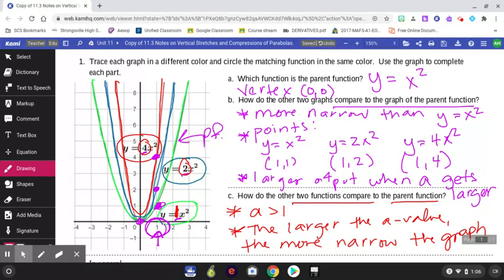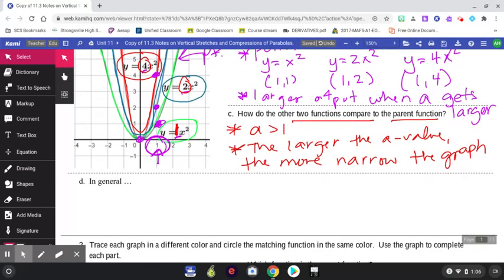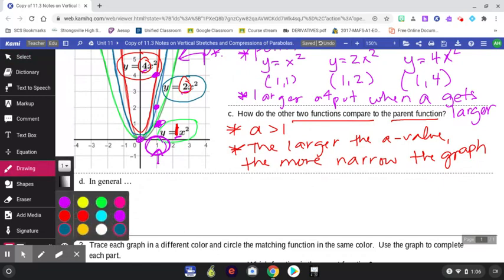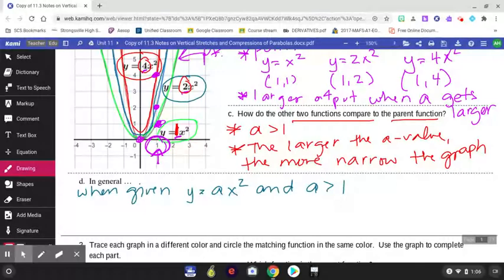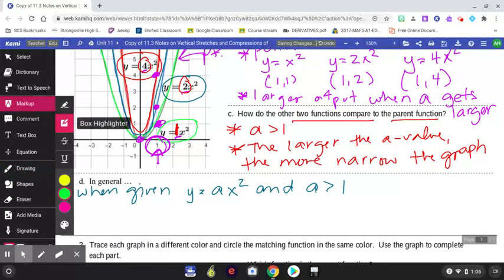That's always going to be true. So I have an "in general" here, things that are always going to be true. When given y equals ax squared, and when that a value is bigger than 1, these are both big ideas.